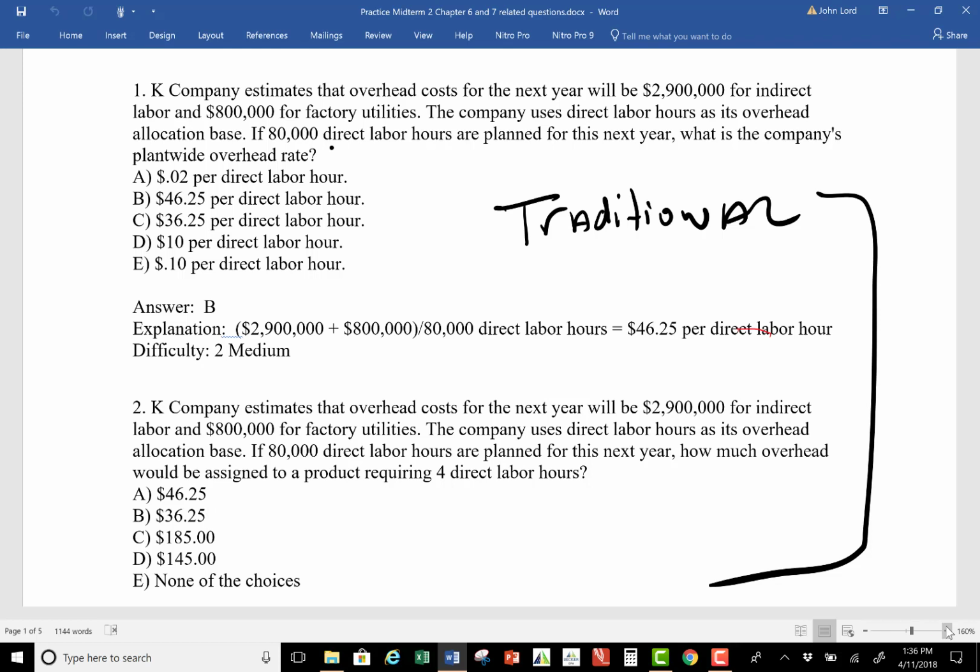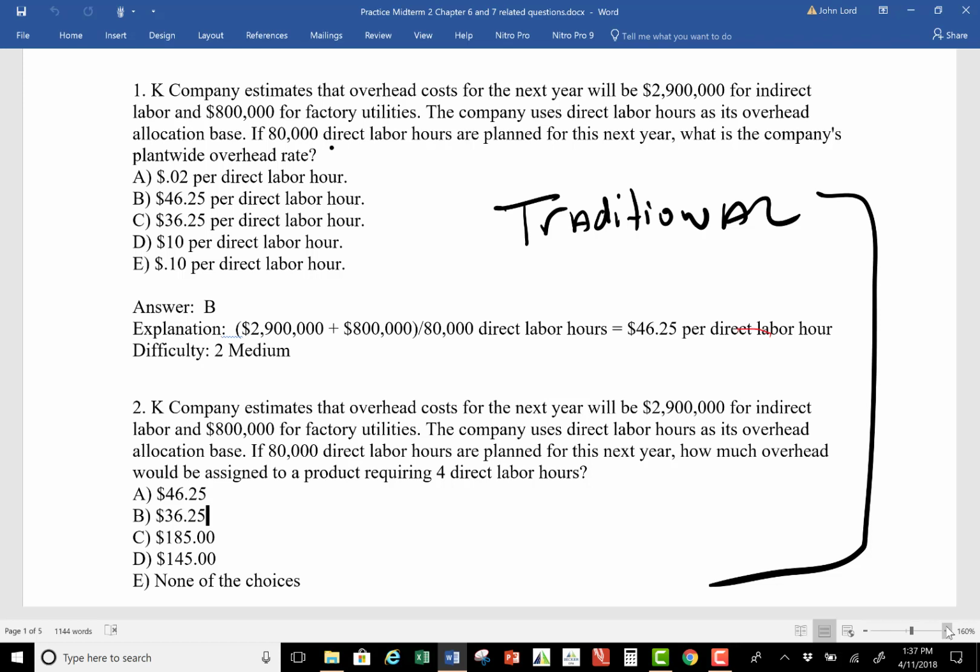So these questions that you see in this file are on Canvas under practice, midterm, and final. This is the practice midterm question specific to Chapter 6, variable costing, and Chapter 7, activity-based costing.